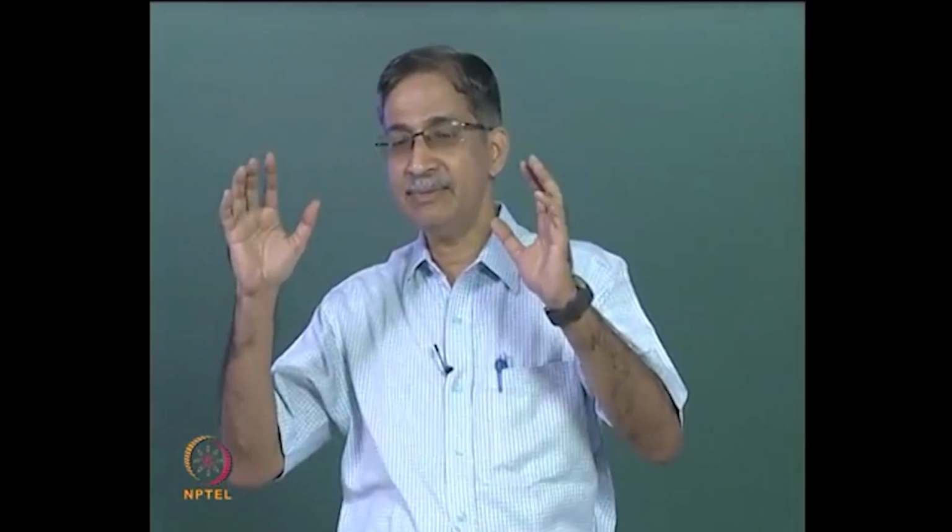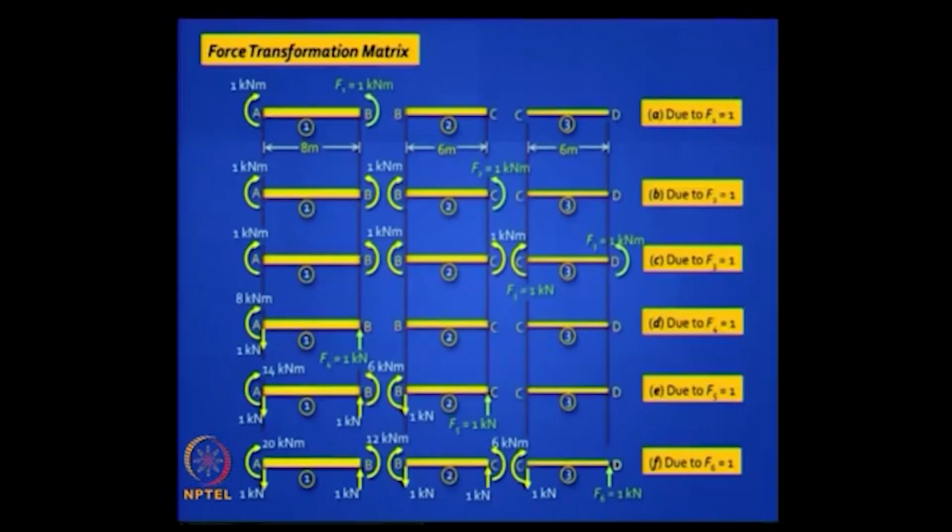We are doing actually the same work, because in the force transformation matrix you are capturing the two end moments and you are assuming a linear variation between them. So you are capturing the same essence in a matrix formulation. So it is easy to calculate, you will get all this.